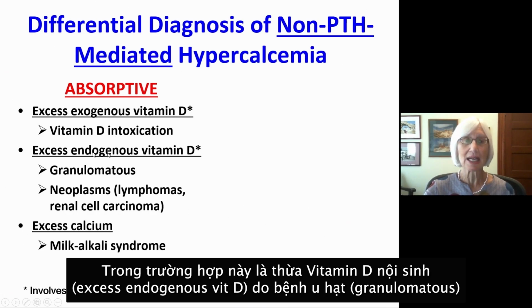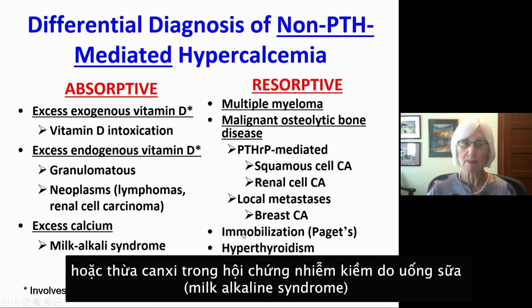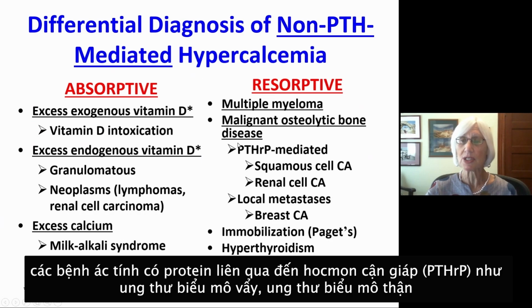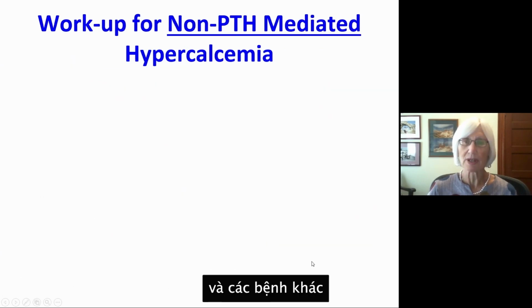In this case, it's excess endogenous vitamin D from granulomatous disease. You can also see this in lymphomas and renal cell carcinoma, or excess calcium in milk alkali syndrome, versus resorptive hypercalcemia, multiple myeloma being the big one here, malignant diseases with PTHrP-mediated squamous cell cancers, renal cell, breast cancer, which is both osteolytic and secretes PTHrP, and these other entities.